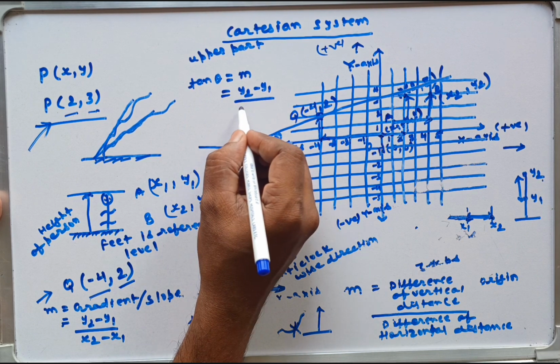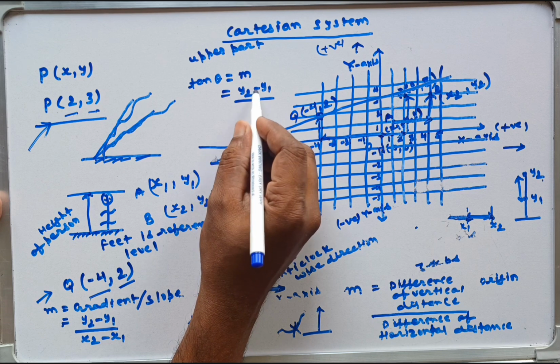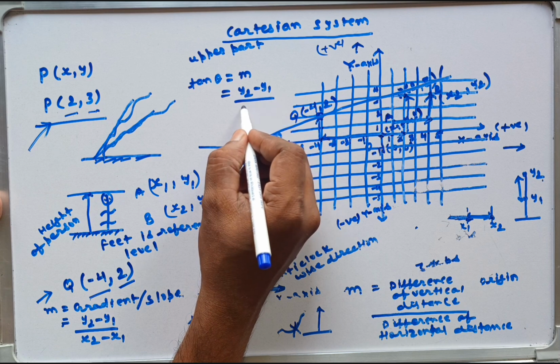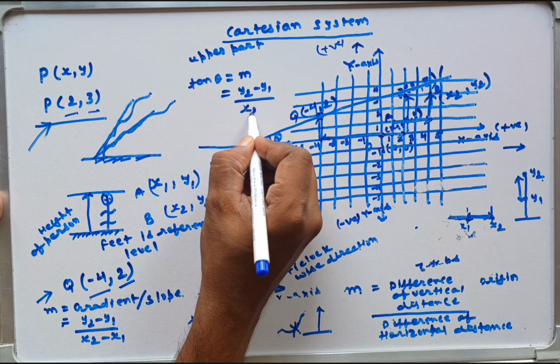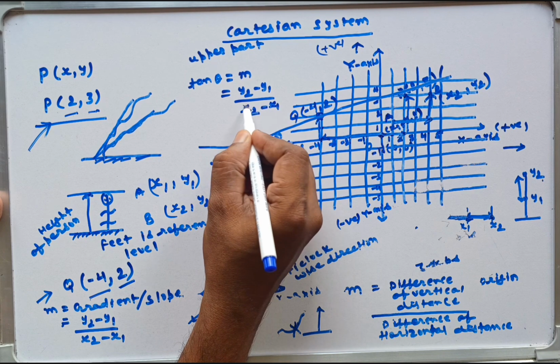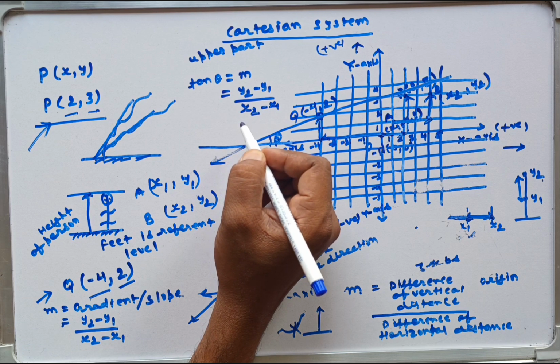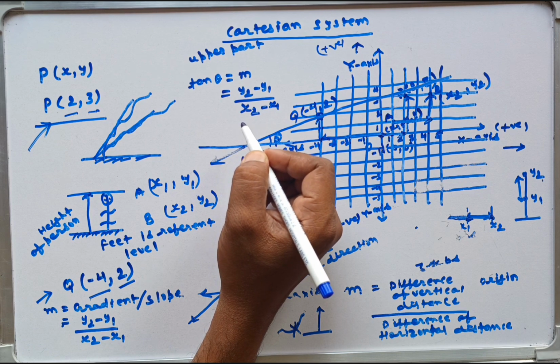Okay guys, because in coordinate geometry the ratio of vertical distance divided by horizontal distance between the two points gives you the gradient.